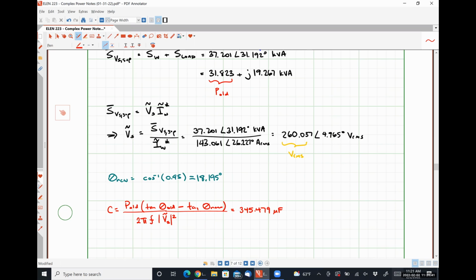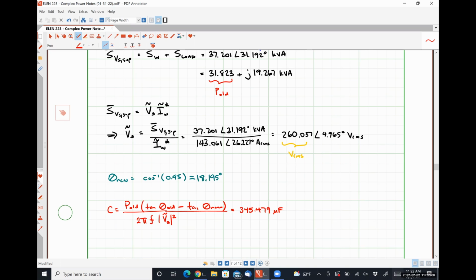No. So if you have a time domain signal, dividing by the square root of 2 gives you the RMS phasor magnitude. Okay. But we've worked this entire problem using RMS phasor quantities. So if the units of our voltage is already in volts RMS, that tells us we don't need to fix anything.